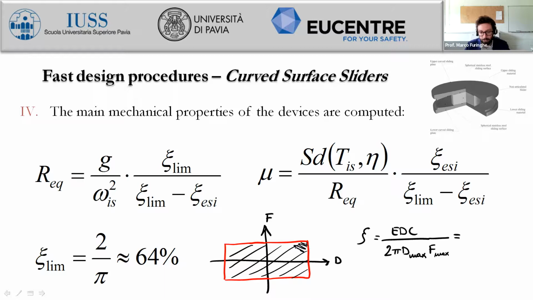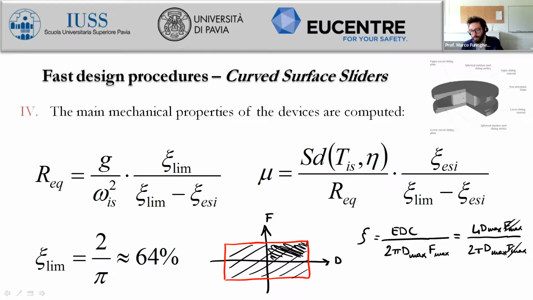So the EDC can be computed as 4 times d max and F max, and then we divide by 2 pi d max F max.